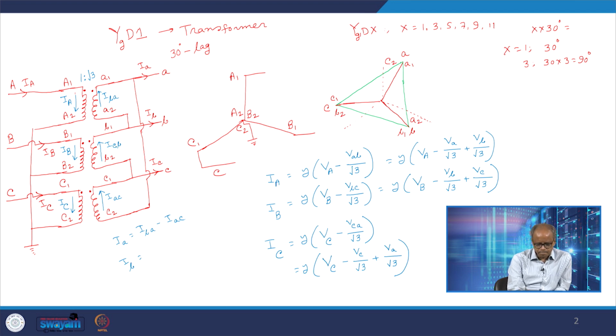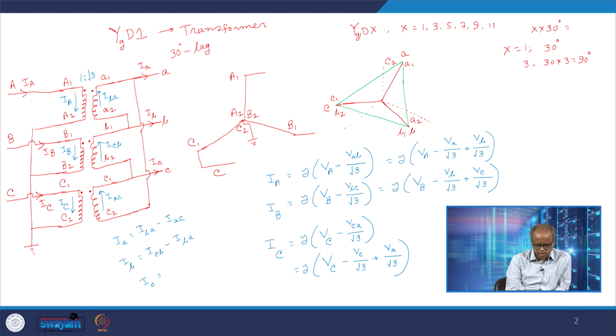And similarly IB would be, if I apply KCL at this point, ICB is equal to IB plus IBA. So it is ICB minus IBA. And I small c would be, again if I apply KCL at this point, IAC is equal to IC plus ICB.